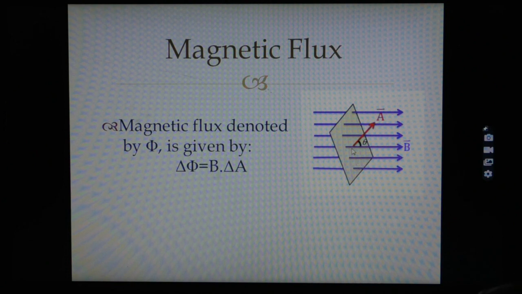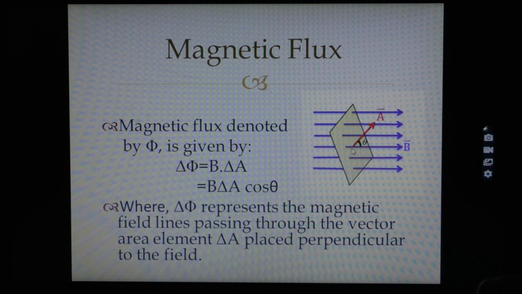Alright, in that case, we open B dot delta A according to the definition of dot product. What comes? B delta A cos theta, where theta is the angle between area vector A and magnetic induction.